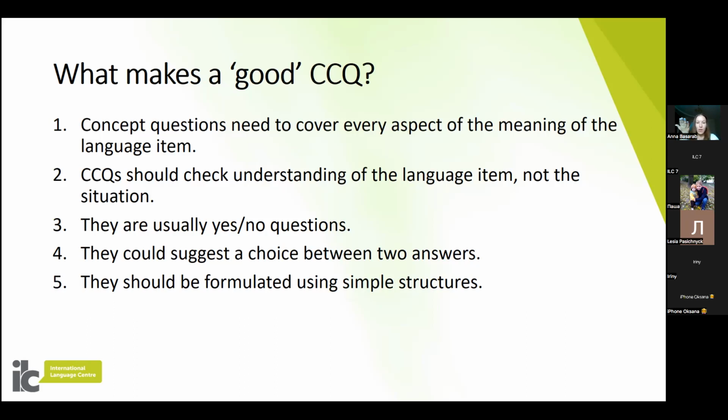It was checking if students understood that it was optional and they could do it if they wanted, which is the meaning of don't have to. They were yes or no questions.